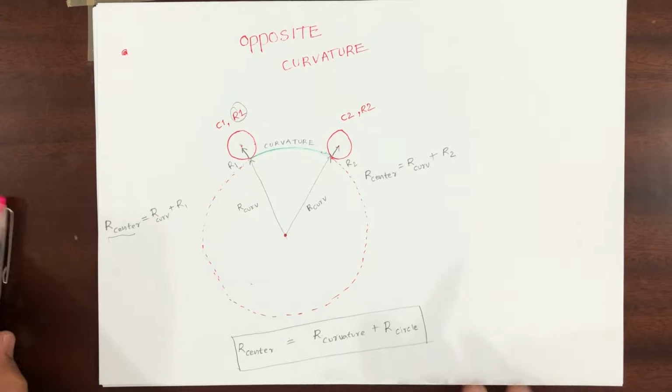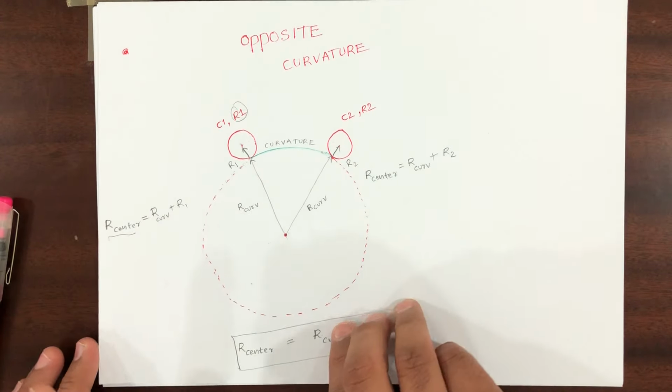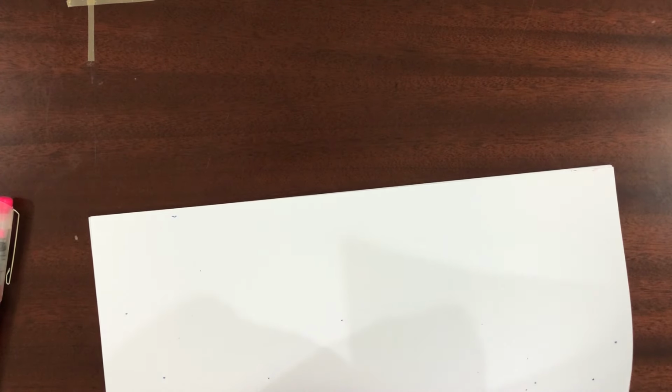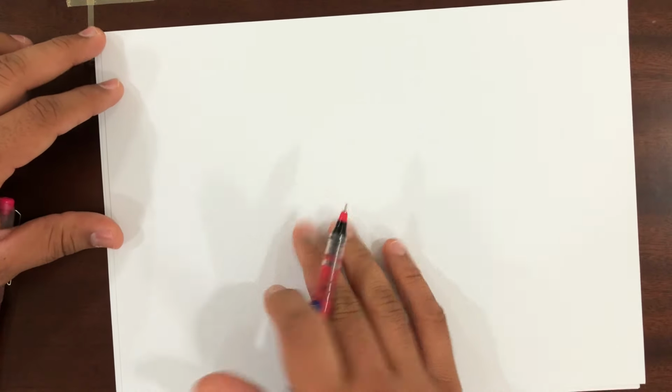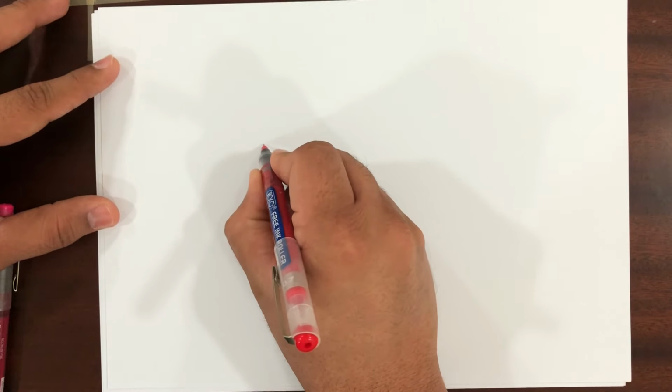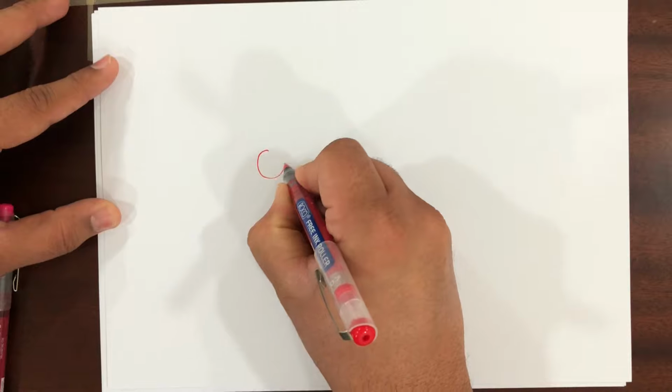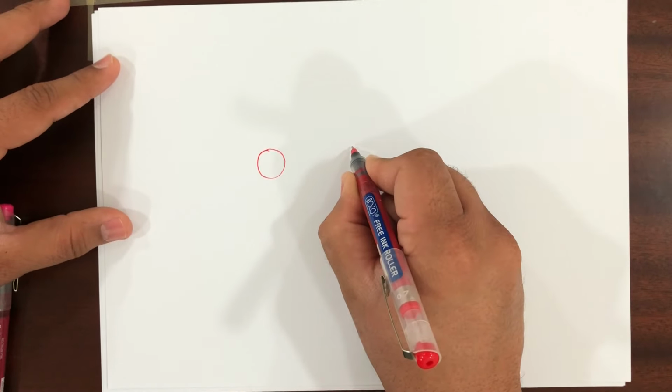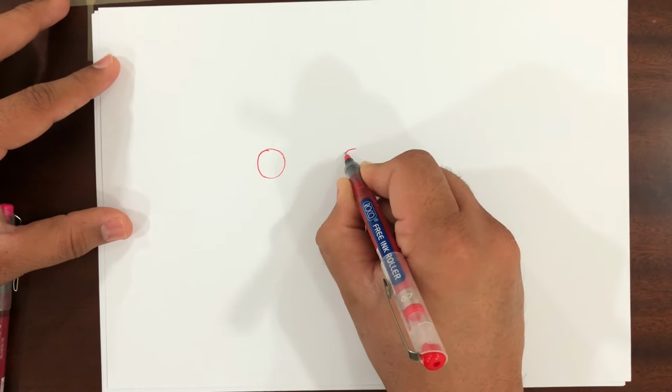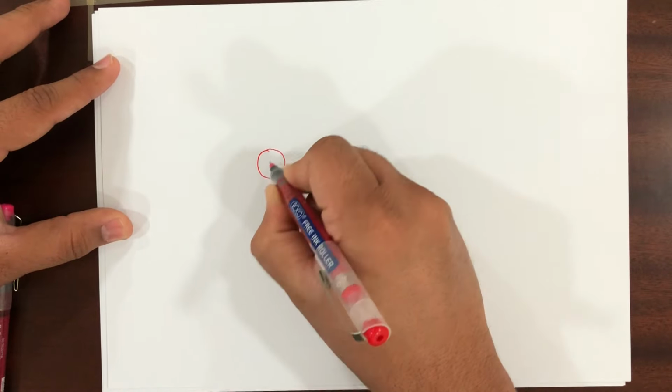So now let's see the same curvature. Here also we have two circles, one circle, two circle.